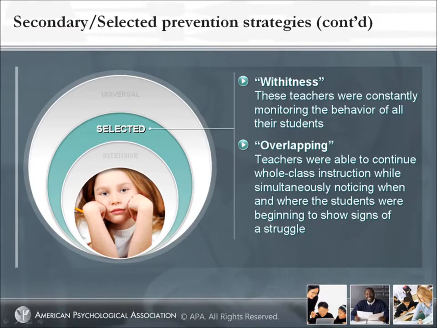Through the use of overlapping, these teachers were able to continue whole class instruction while simultaneously noticing when and where students were beginning to show signs of a struggle. The teacher's physical proximity to the students would inconspicuously calm the situation.